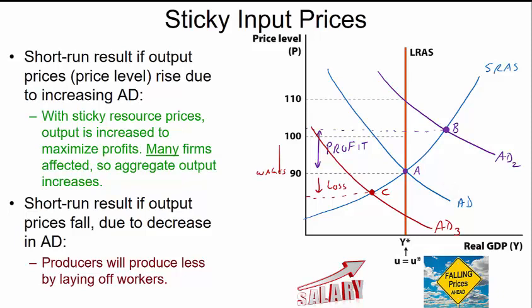So if the businesses keep the same number of workers, they're going to be losing even more money, and so that's why in a recession we get higher unemployment. Okay, the unemployment rate goes up. So that's basically what we mean by sticky input prices. Output prices will adjust, input prices won't.